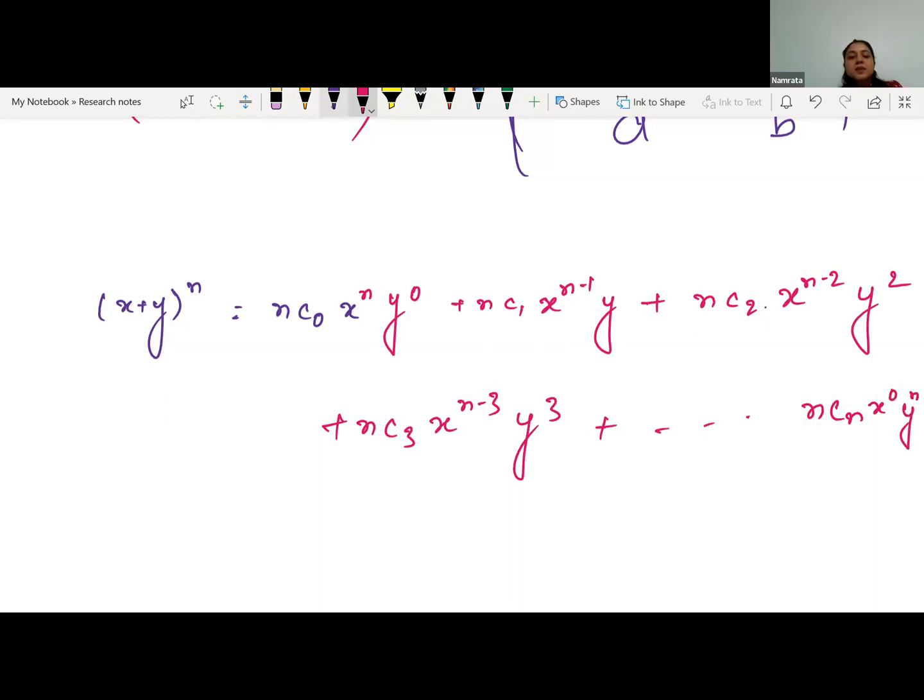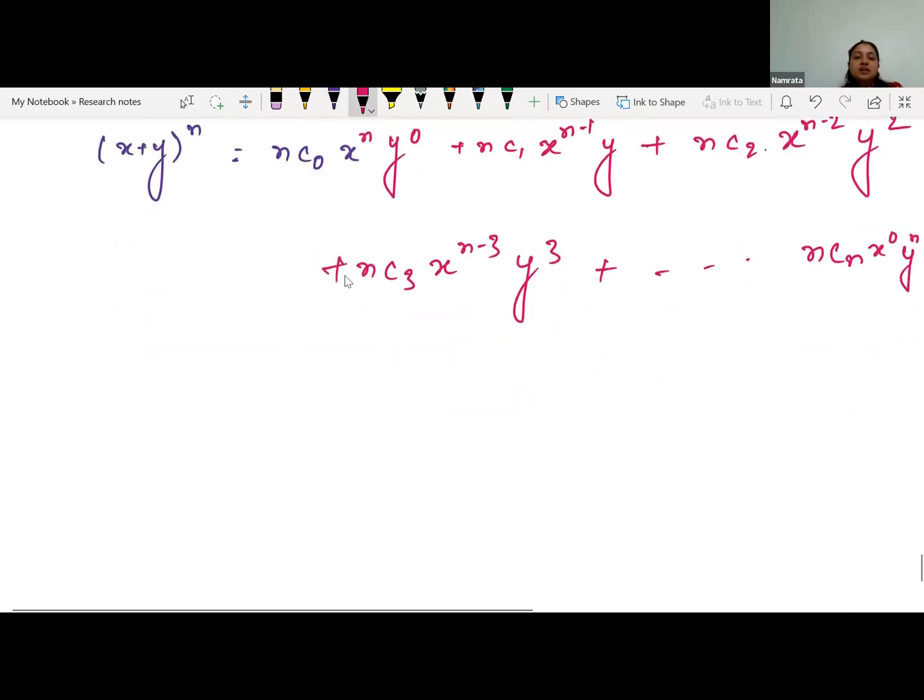This is how we do the expansion, right? Yes, ma'am. Now here, can you see the first term? The first term is nC0 x to the power n and y to the power 0.